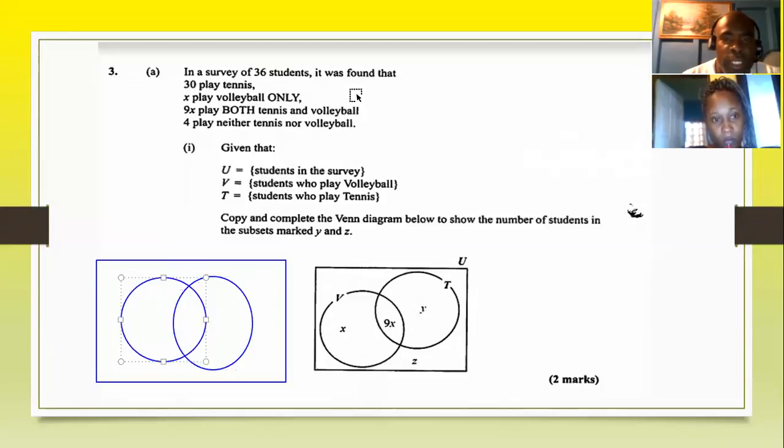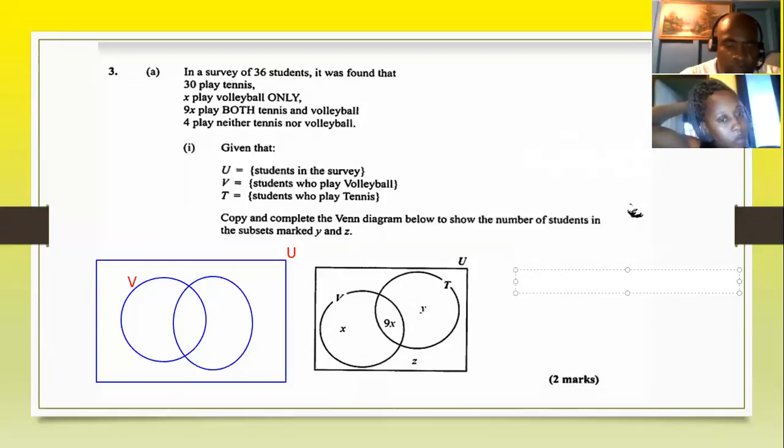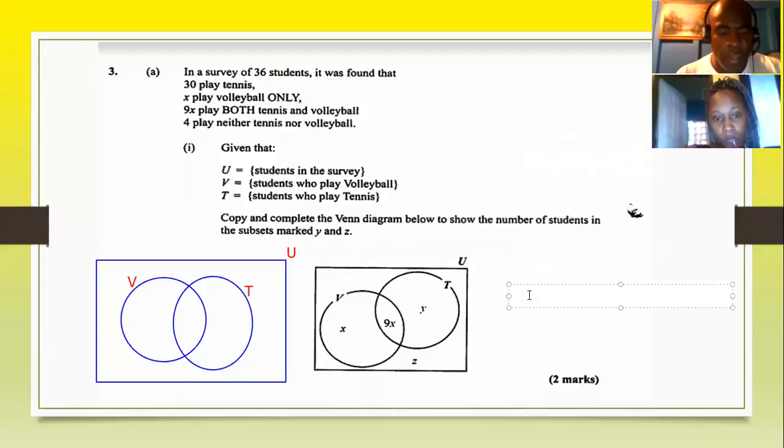Now we're going to put in the info. Put in the U. Now we're going to put in the names of the sets. Next one, T. Then we're going to put in the data.